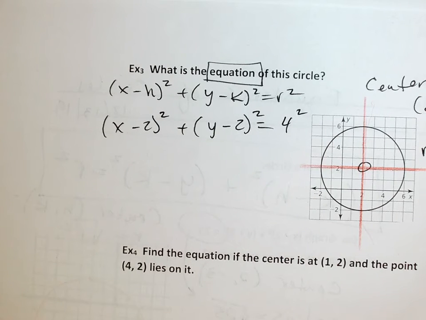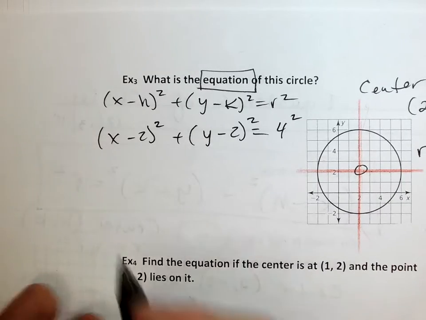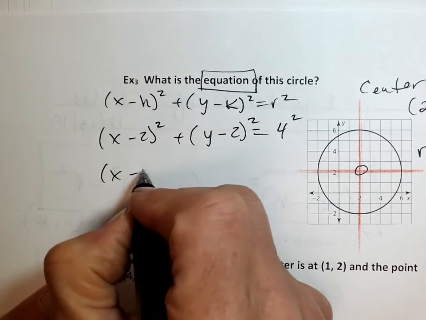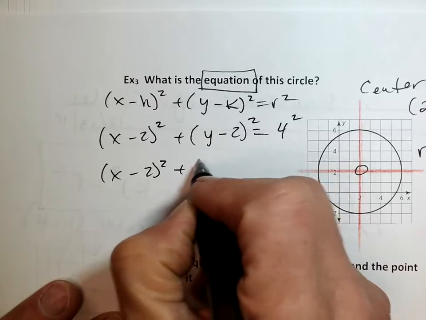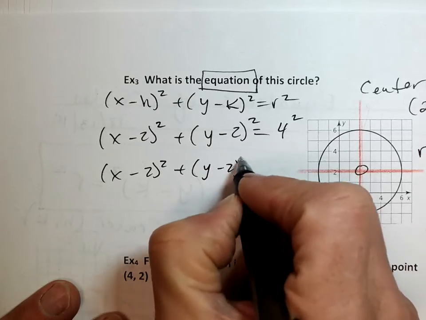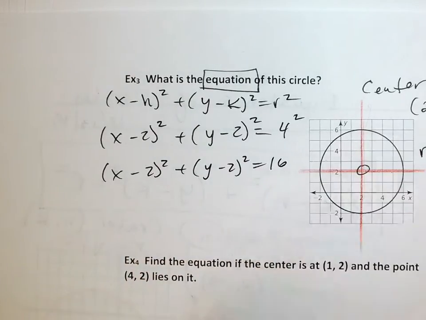Look at that. And then I change the 4 squared to 16. So it's just going to be x minus 2 squared plus y minus 2 squared equals 16. And I'm done. That's it.